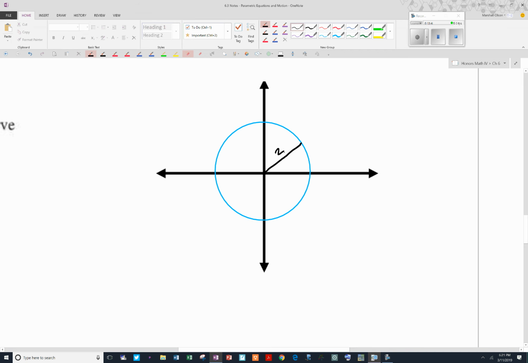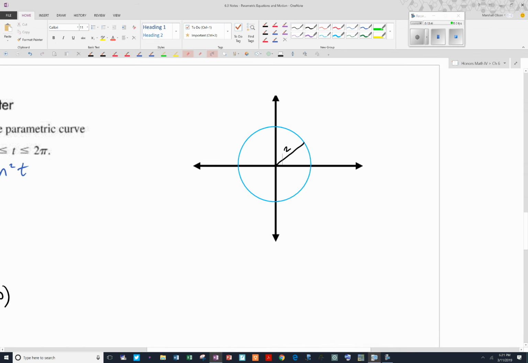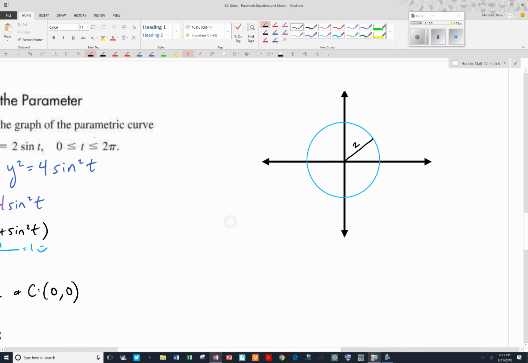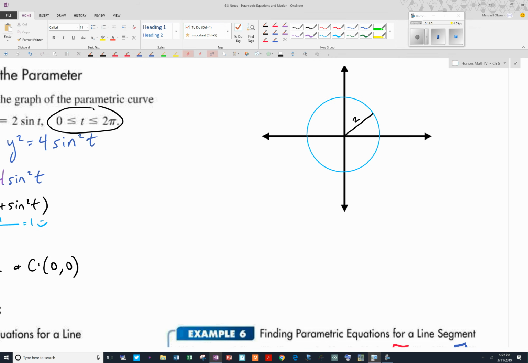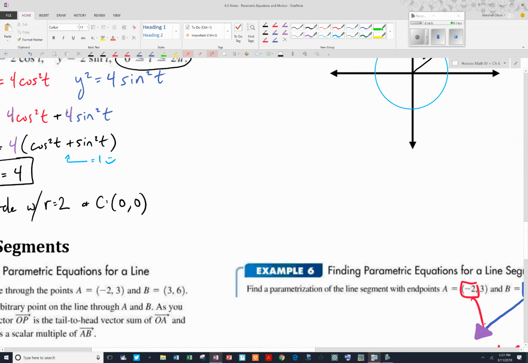There we go. That's what that equation ends up being, or that's what those two parametric equations end up representing. And this doesn't restrict t between any values except 0 to 2 pi. But think about it. Between 0 and 2 pi, we get every point that we need on that circle. Basically, we have a unit circle there with a radius of 2. So it's a unit circle that's been scaled by 2.